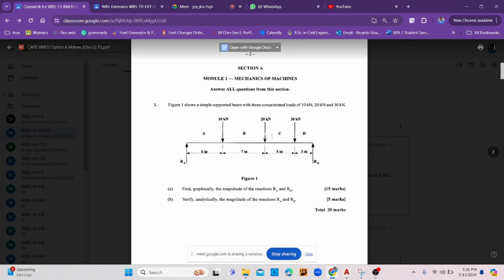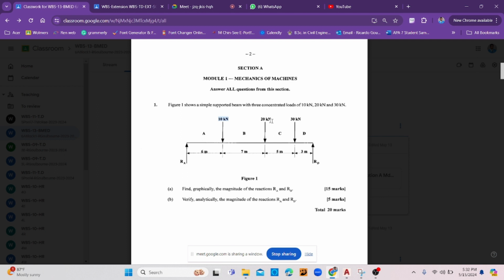And then on this structure there are some different loads, these numbers here, and they're pointing to an exact location. Whenever you see them pointing at an exact location, all they're saying is that this is a point load. So this specific force here, the 10 kilonewton, is directly acting 6 meters away from RA.